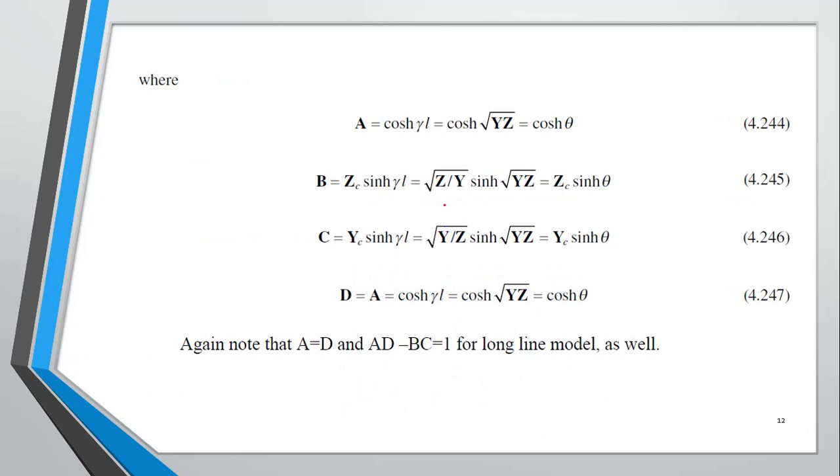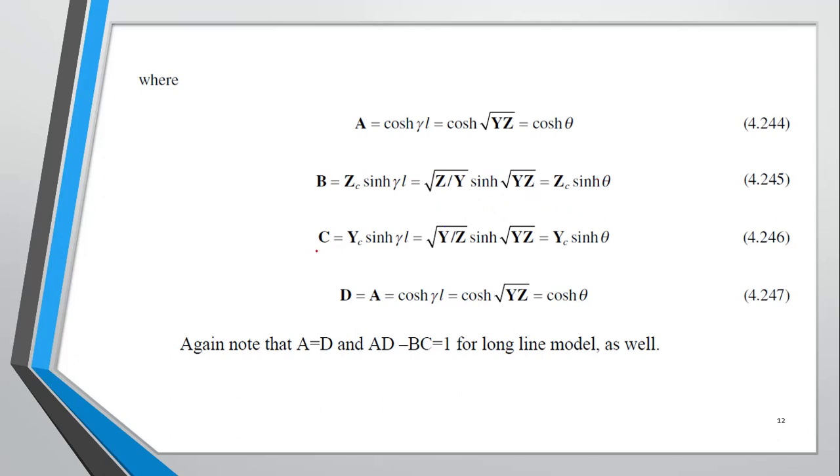So in this equation, A is equal to cosh(γL), and if we put in the value of gamma, it is cosh of the square root of yz. Similarly, B is Zc sinh(γL), and if we put in the values of Zc and gamma, it looks like this, where we consider the square root of yz to be theta.